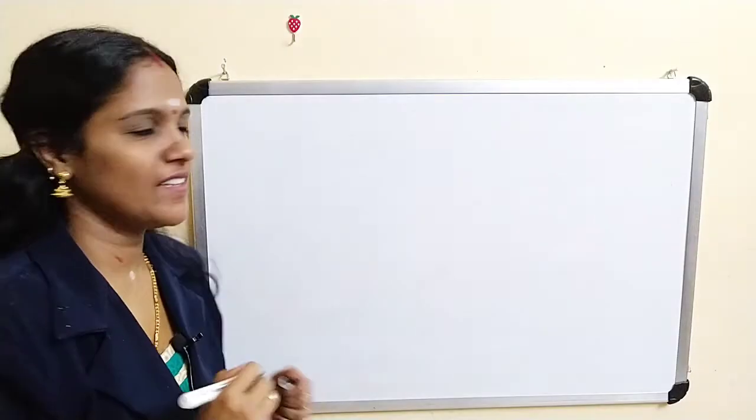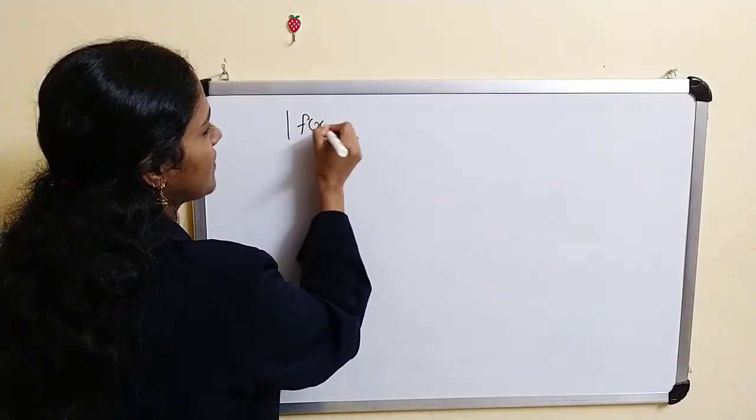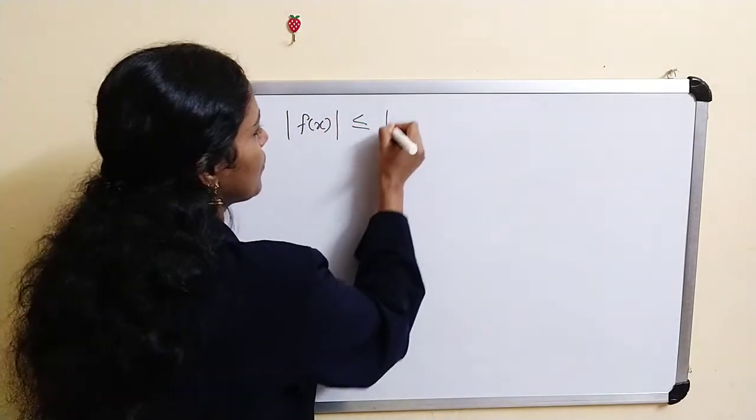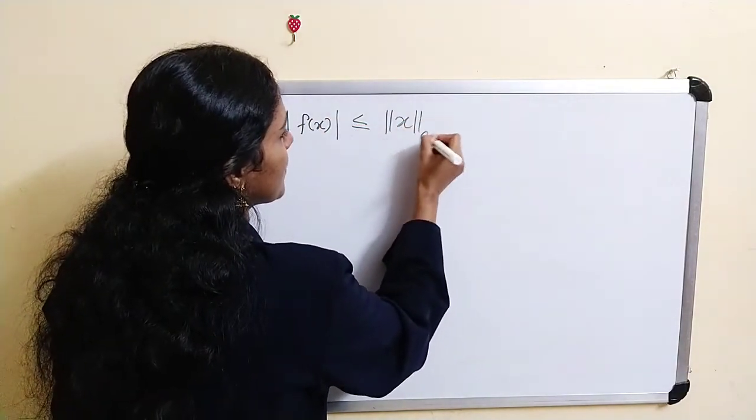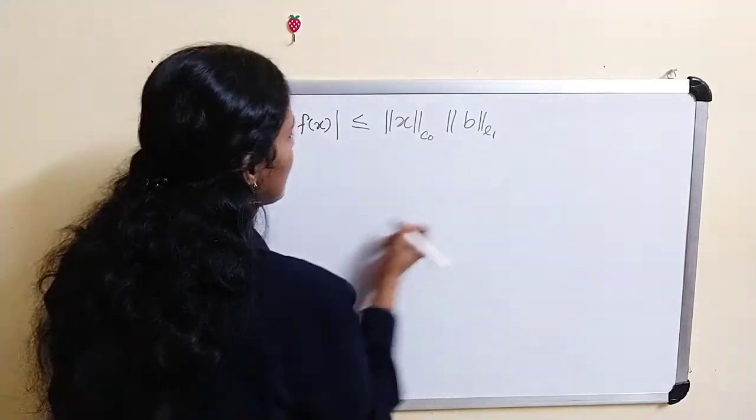Okay, thus we get the modulus of f of x is less than or equal to norm of x in C0 times norm of b in L1.